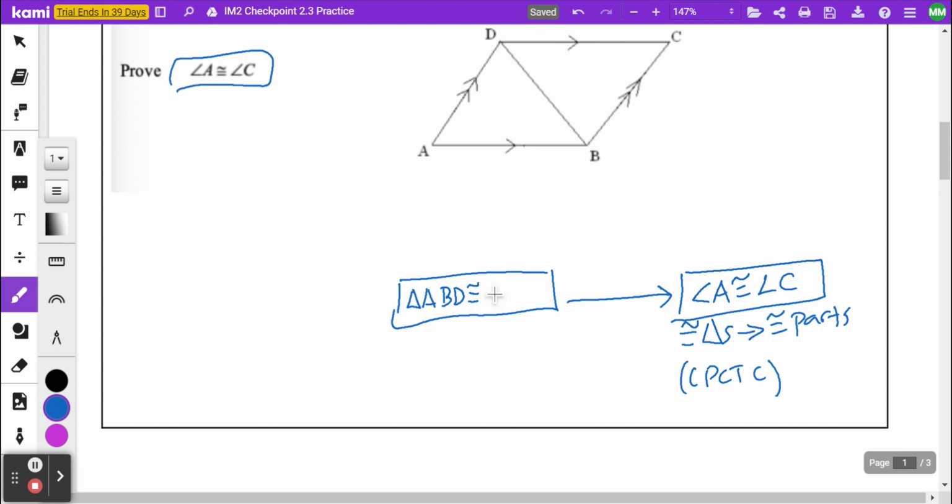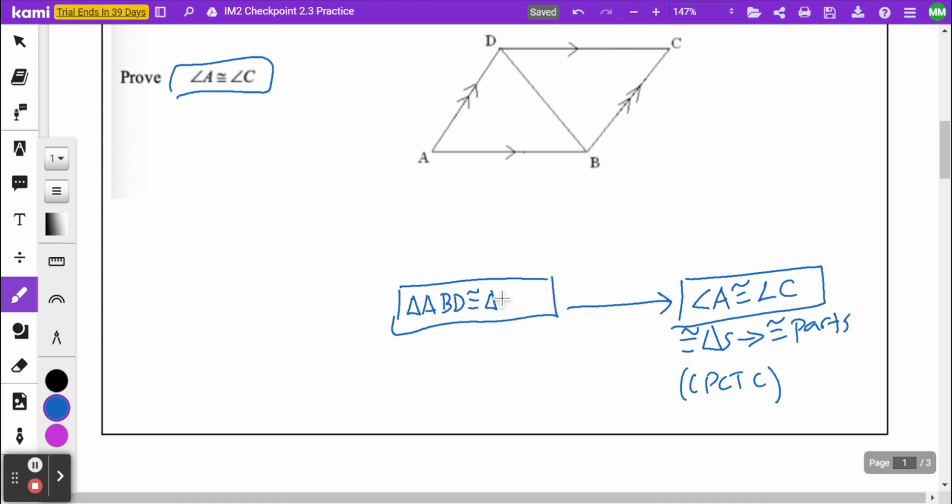I'll go triangle A corresponds to C, ABD corresponds to CDB, so I'll go C, D next, and then the last letter is B. How am I going to do this? I see that I have an overlapping side, so I know I have a side.